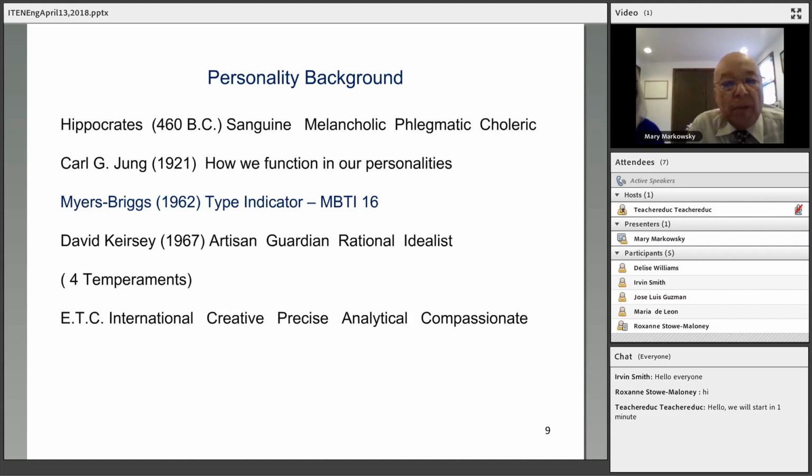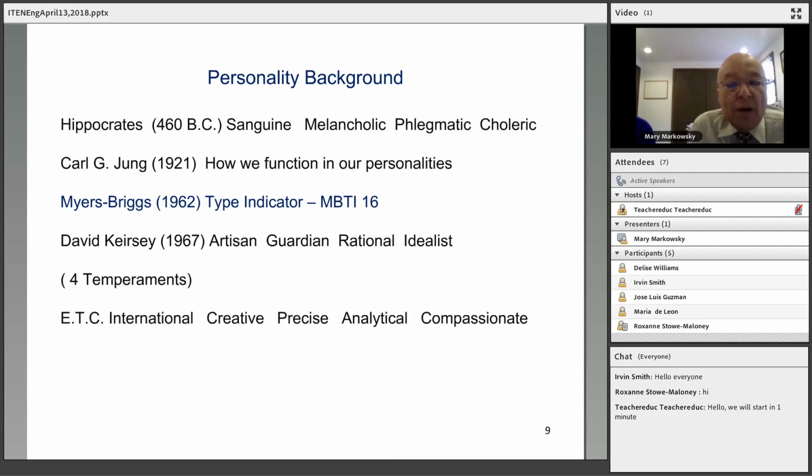He was pairing it with Hippocrates' four temperaments. And then we come to Dr. Markowsky and I, who throughout the years have done our own research with our clients, and we have decided to use four names that we have observed, like Hippocrates did.